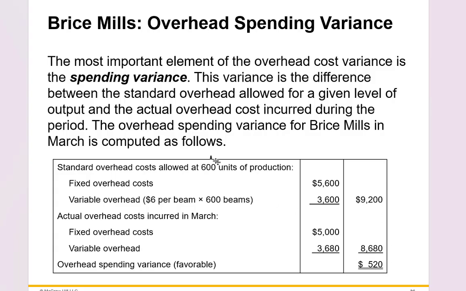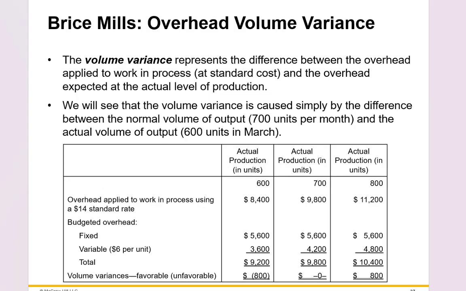Now notice we're using the 600 units of production, even though we budgeted originally for 700, but we actually made 600. That gives rise to the reason that we have an unfavorable volume variance. It's not something we can necessarily control as far as overhead goes. That's how much we planned, 700, but we actually did 600, leading to an unfavorable volume variance.